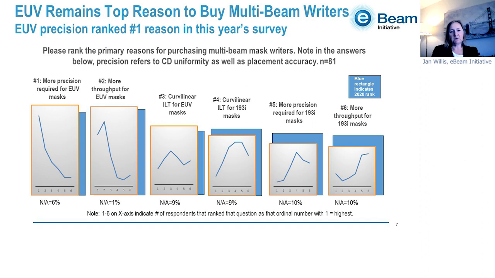This year, #3 is curvilinear ILT for EUV, whereas last year, the curvilinear ILT for 193i was 3rd, and it's now 4th. Finally, the 5th and 6th reasons remain the same and are very similar in ranking: more precision for 193i and more throughput for 193i mask.